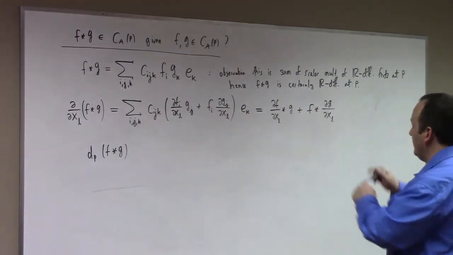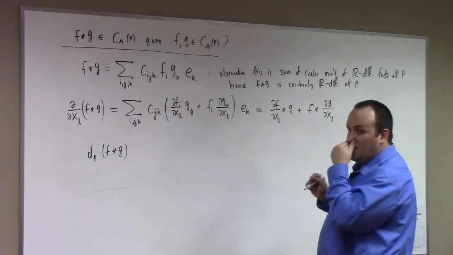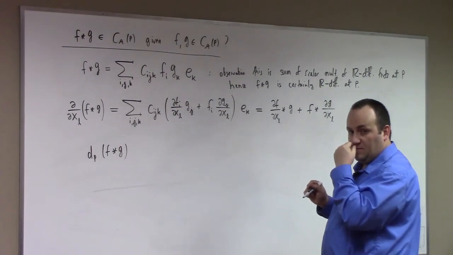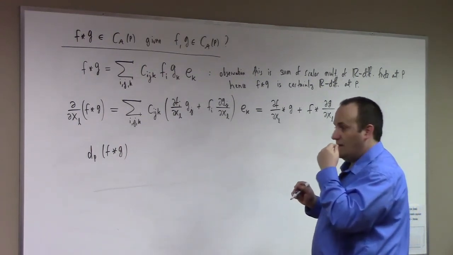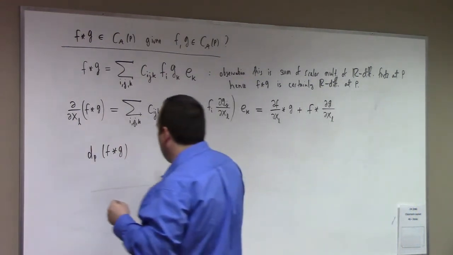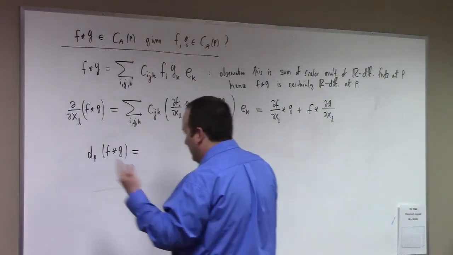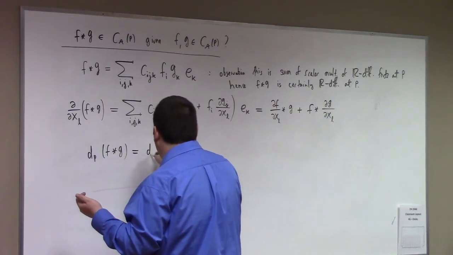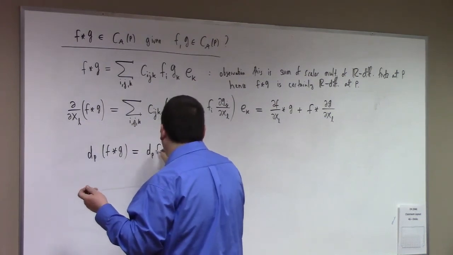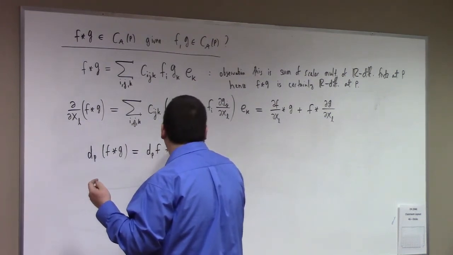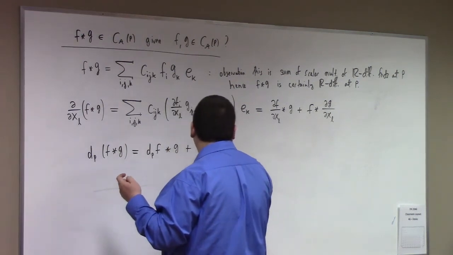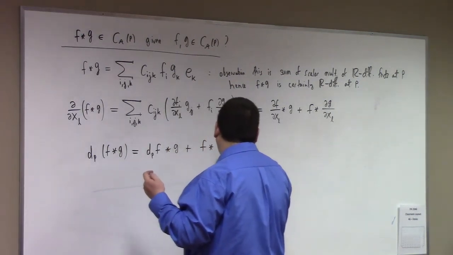But on the other hand, from this calculation right here, you can see what the lth component of it is, right? So, in fact, you can see from this little lemma, not too far from this, that this is actually going to give me dpf star g plus f star dpg.